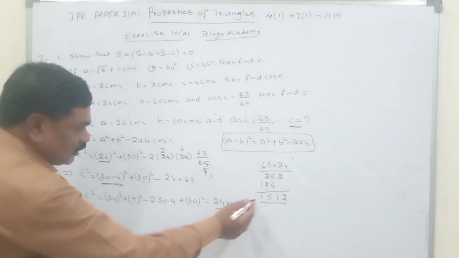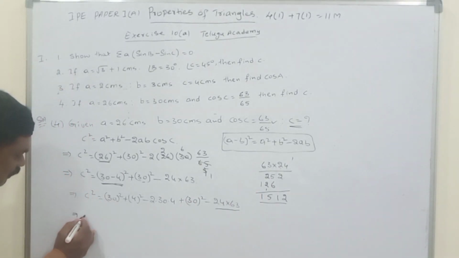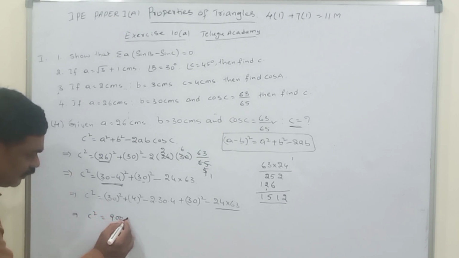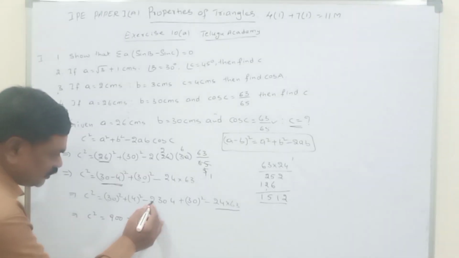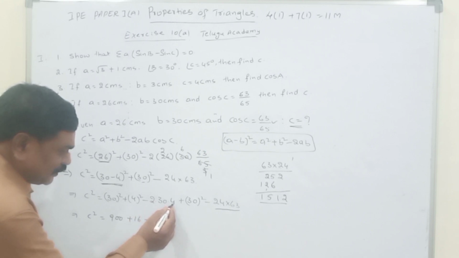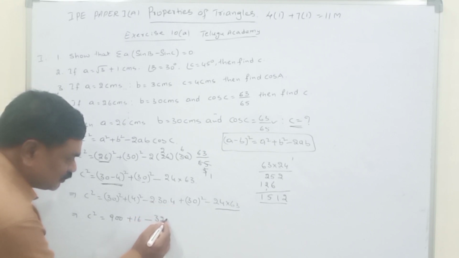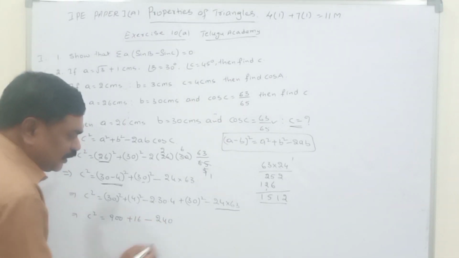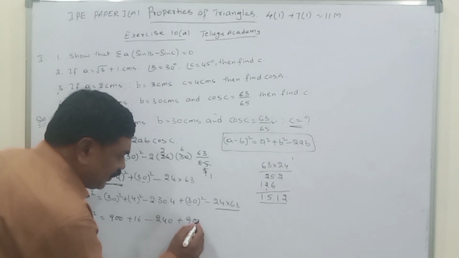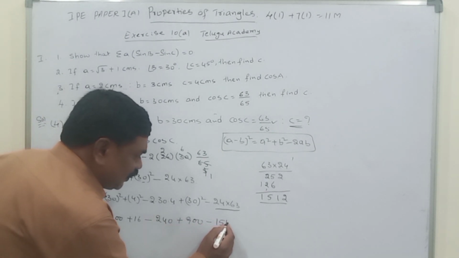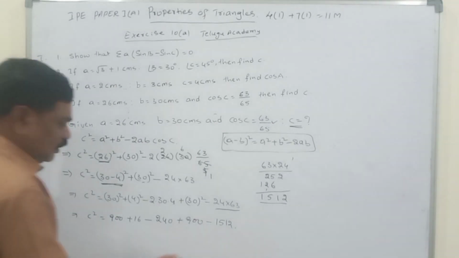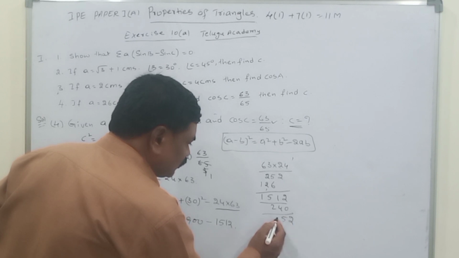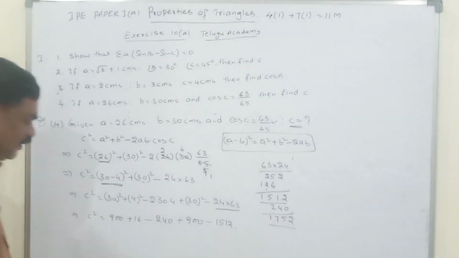So this value is 1512. This implies c square is equal to 30 square is 900, plus 16, minus 2 times 4 is 8, 8 threes are 24, 240, plus 900 minus 1512. Okay, all of you. Here 240 is there, and 1752.